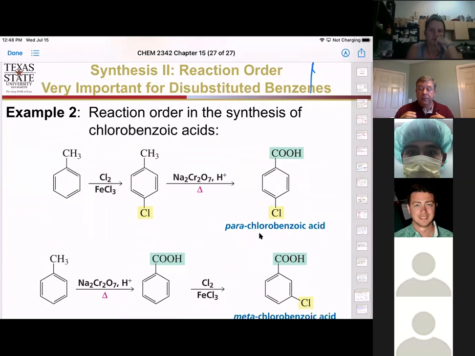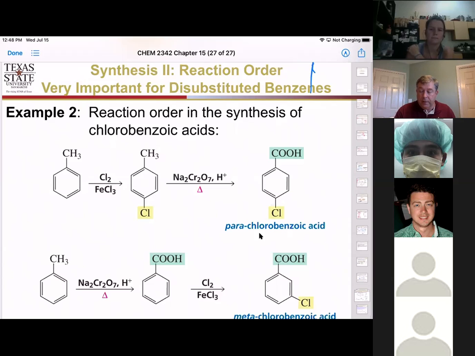So for example, carboxylic acids have a carbonyl compound on them, therefore they are meta directors. So if you want to produce a product that has a substituent that's meta to a carboxylic acid, you can just do a direct reaction on the carboxylic acid.